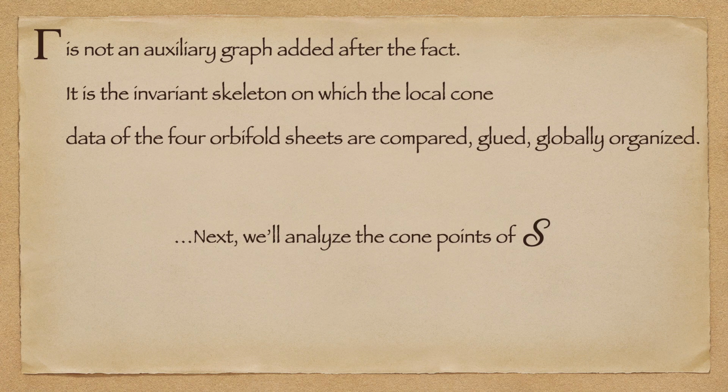So gamma is not exactly an auxiliary graph. It's the invariant skeleton where the cone local data of the four orbifold sheets are compared, glued, and globally organized. So next we're going to analyze the cone points of the seed.